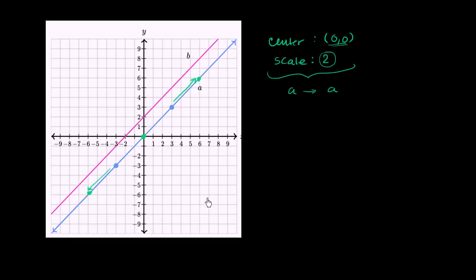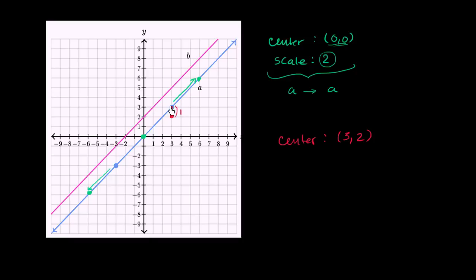But what can suit our purpose is if we pick another point that's not on A and not on B. So let's say we pick this point right over here. And I like this point, so let me pick that as my center. I'll tell you why I like it in a second. That is the point 3, 2. The reason why I like that is we can see that this point on line A right now is 1 away.